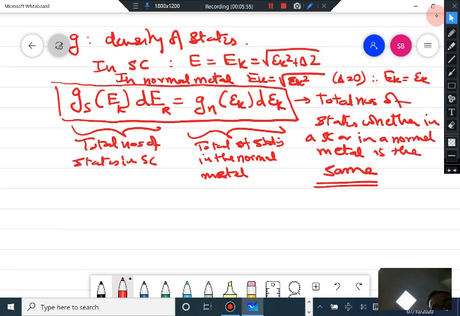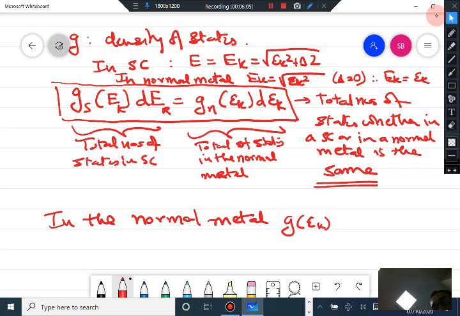So now in the normal metal, G of εk is going to be represented by G of EF, because we are basically going to look at the density of states distributed around the Fermi energy.